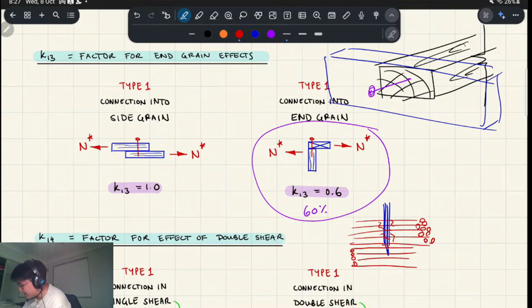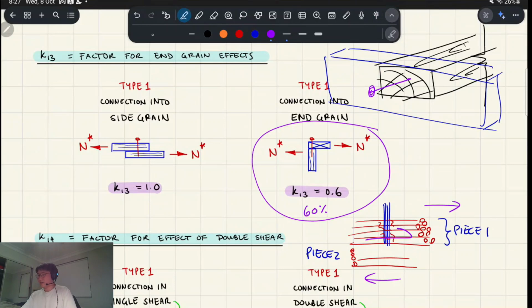So there's straws and we have 2 different bits of timber. That's piece 1, that's piece 2, and the nail is going through both, right? In shear, if these are being pulled away from each other, like that, it basically works the way you think it does, right?